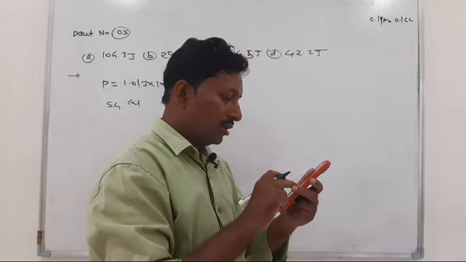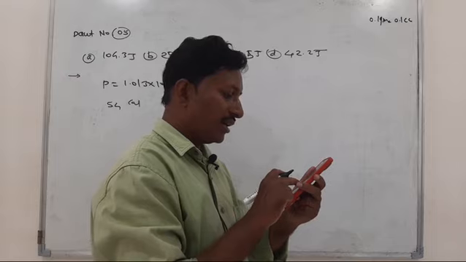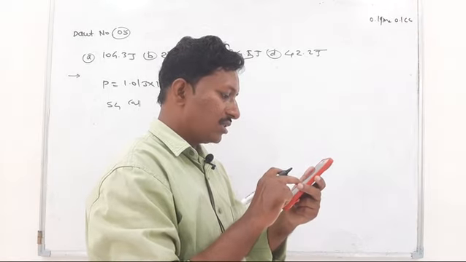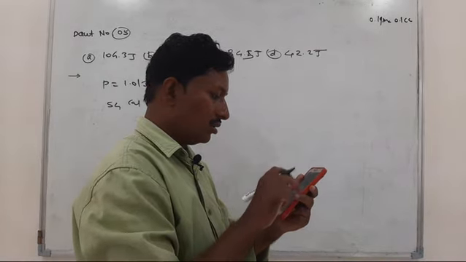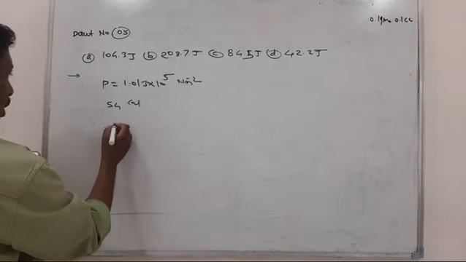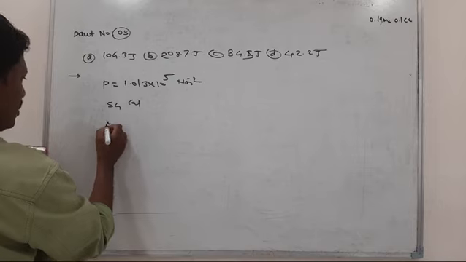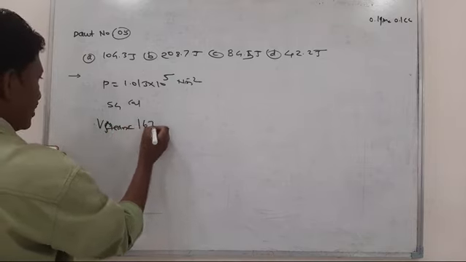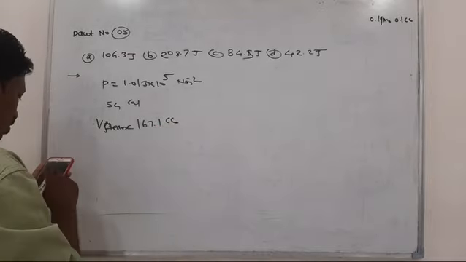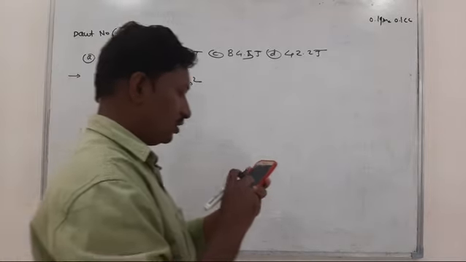If the volume of the steam produced, V steam, is 167.1 cc, the change in internal energy of the sample is?